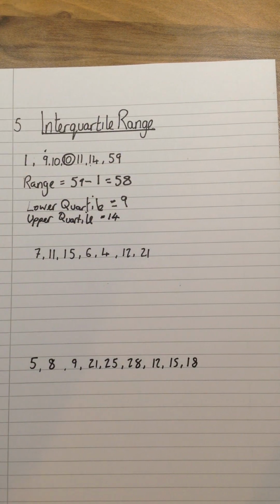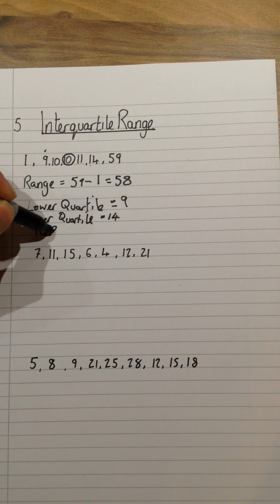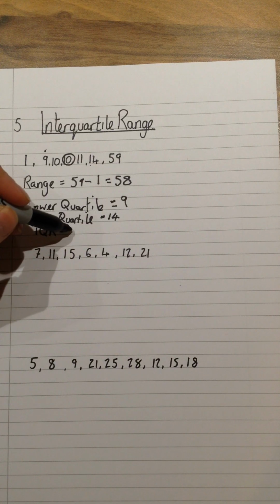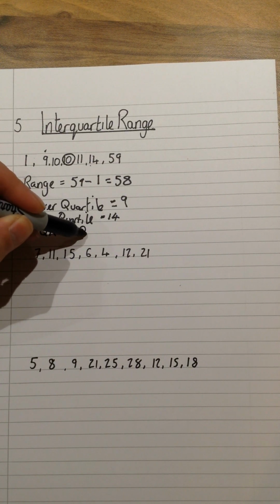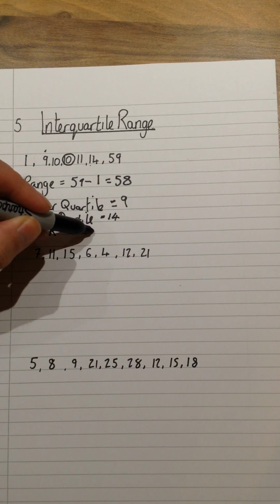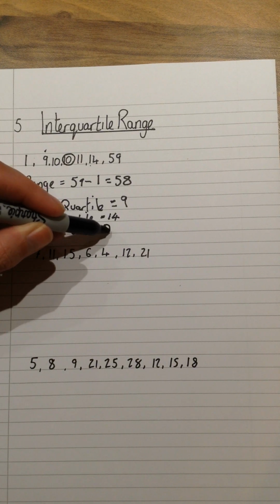The interquartile range that we are trying to find is the range, the difference between the upper and lower quartile. So the interquartile range, which I'm going to shorten to IQR, is equal to whatever number you got for the upper quartile, take away whatever number you got for the lower quartile.